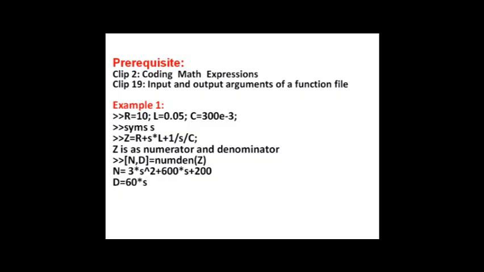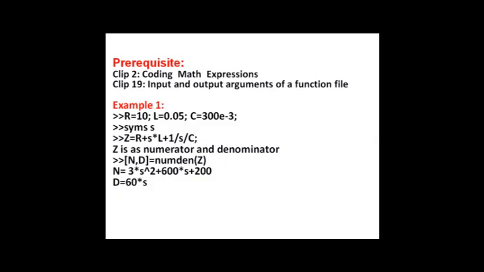Here the collective contribution from all three elements, resistor, inductor, capacitor, will be added because they are in series, and they are put to workspace variable Z. Z is some user chosen variable, and Z must be in terms of some numerator and denominator.